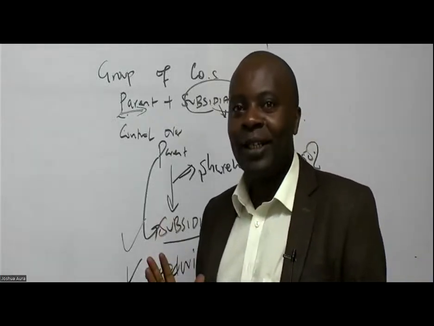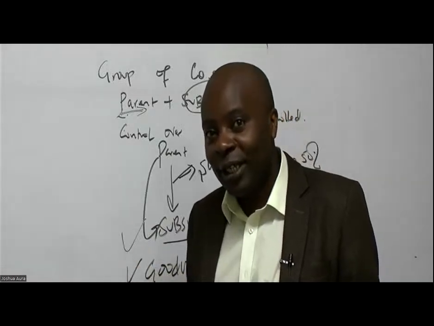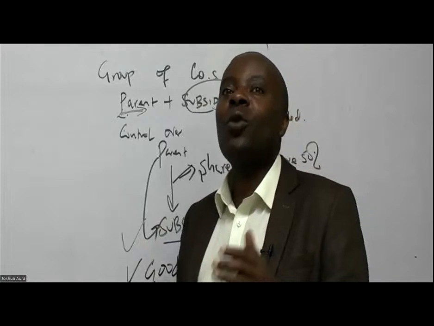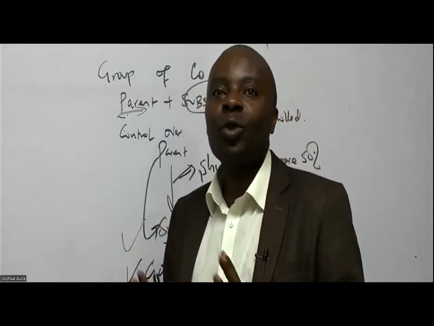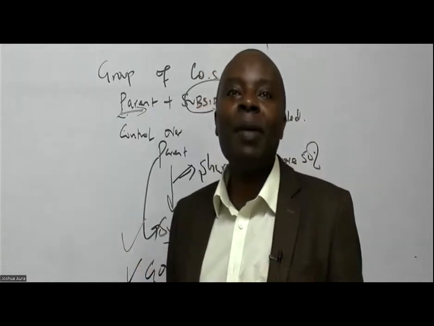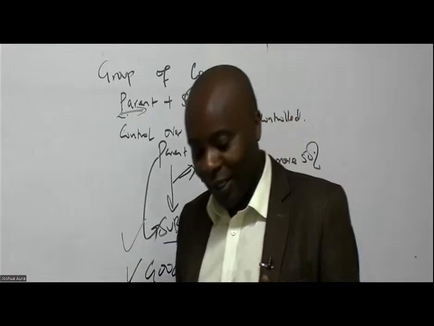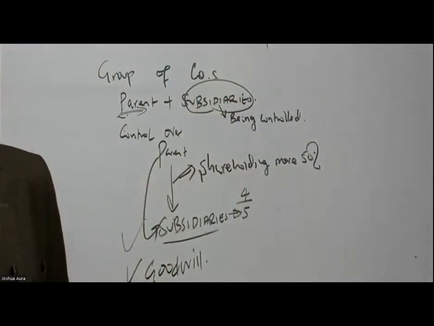So if goodwill exists, two things. I would want to know how it was computed. And I would want to know whether, from the time it was put into the books, from the acquisition date to today, there is any impairment loss. Is there any impairment loss? Great. So that allows me to introduce today's concept.